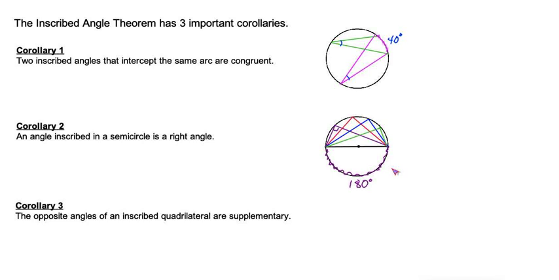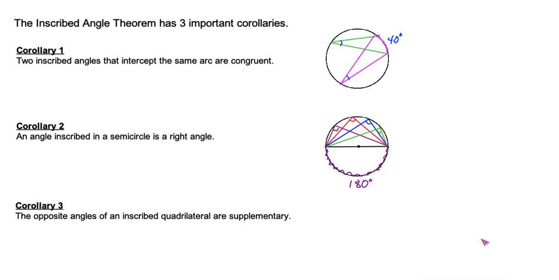I can't even draw them to make them look like they're not 90. If they're inscribed in a semicircle, they're half the measure of the intercepted arc. They're all going to be 90 degrees. So this one is 90. The blue one is 90. And the green one is 90. An angle inscribed in a semicircle is a right angle.